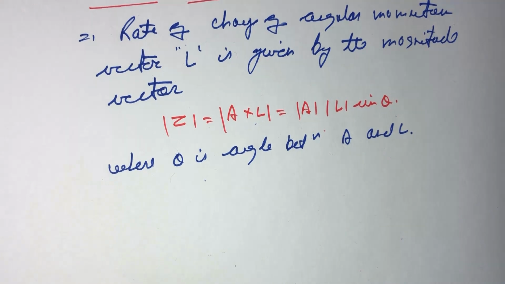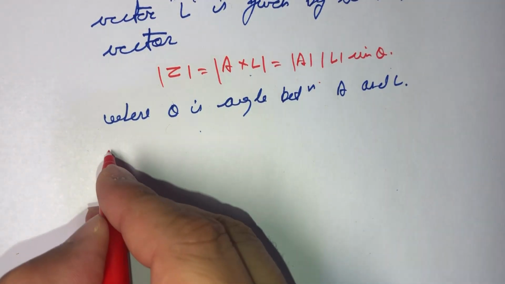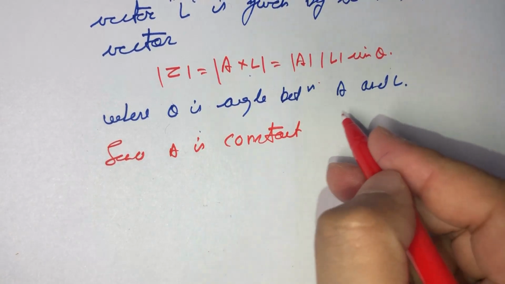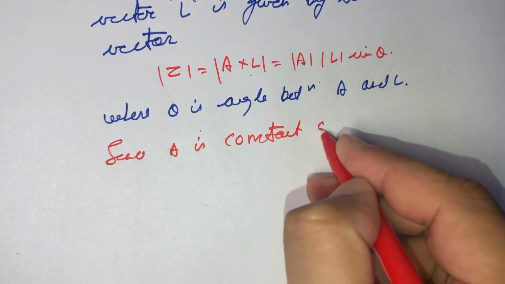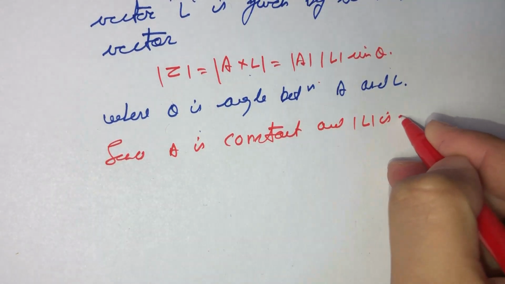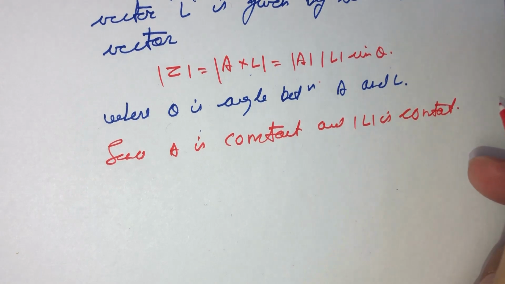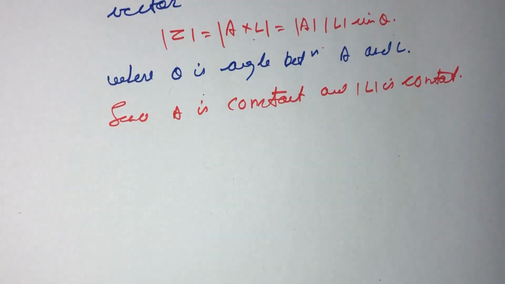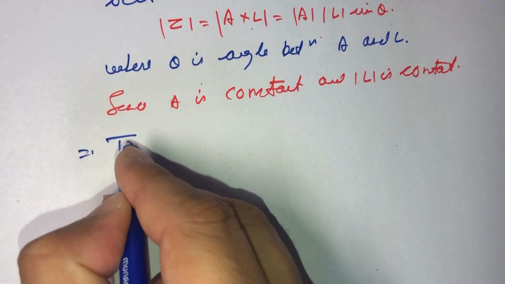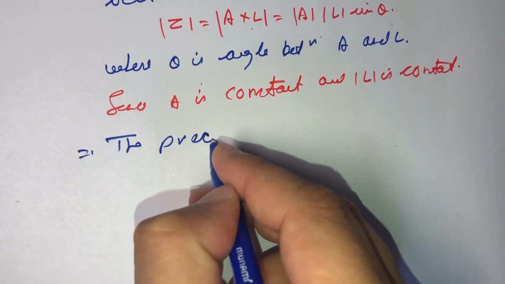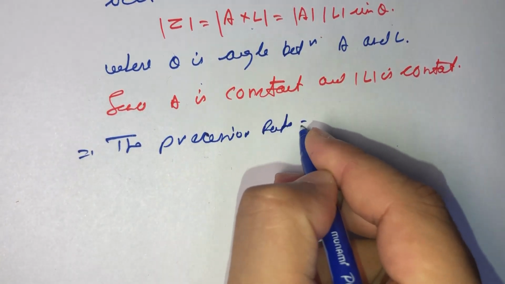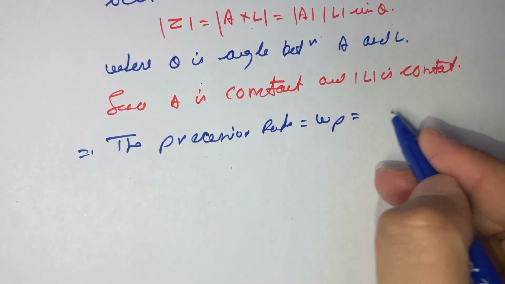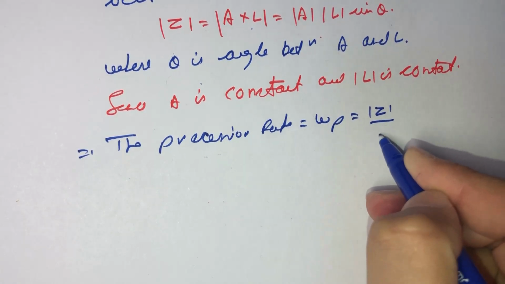And since A is constant and L is constant, therefore the precession rate, represented as ωp, is equal to the magnitude of torque divided by the magnitude of angular momentum.